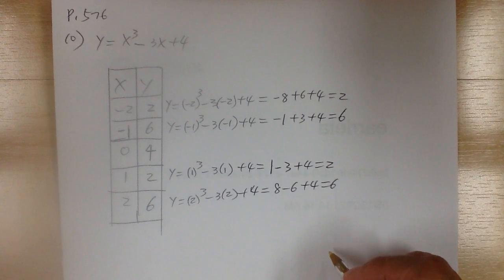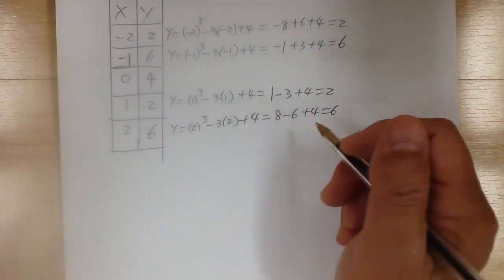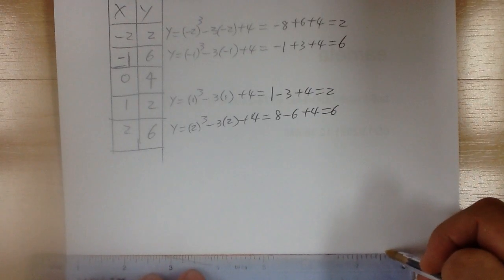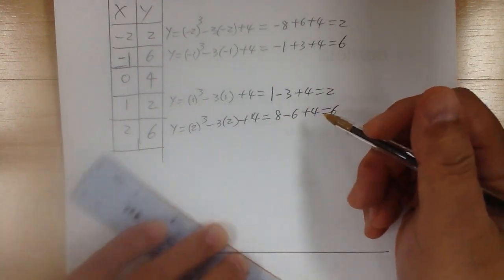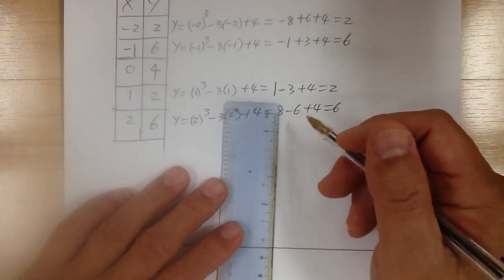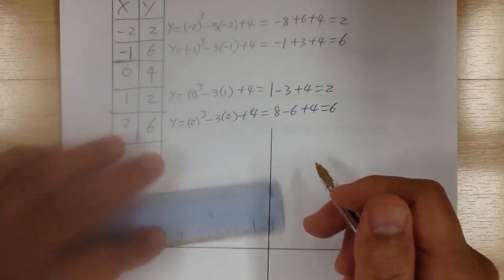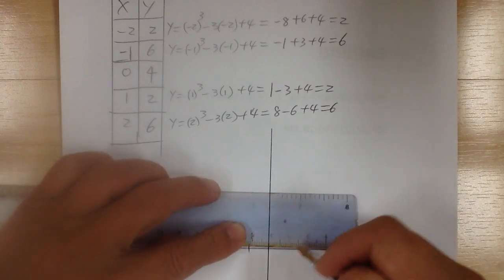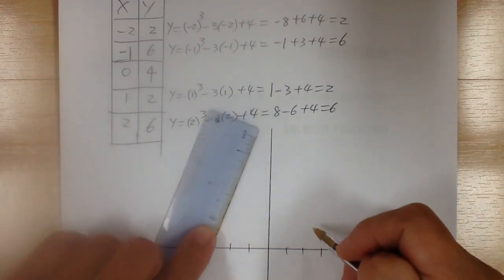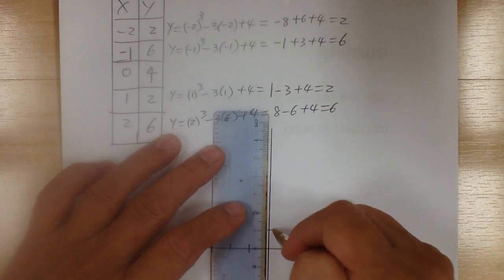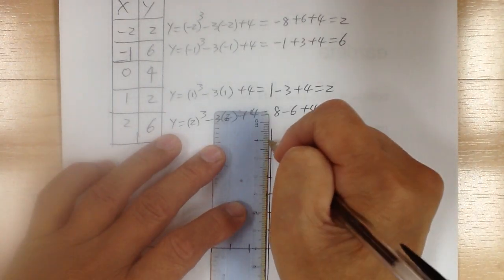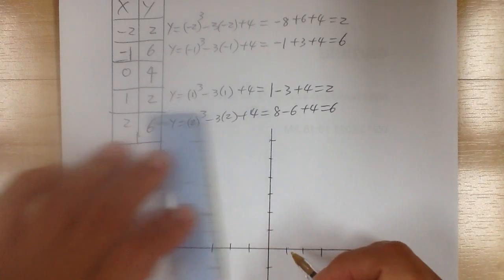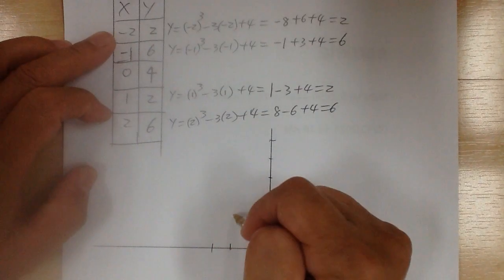Okay, so let's go ahead and graph this. So the first one is negative 2, positive 2.